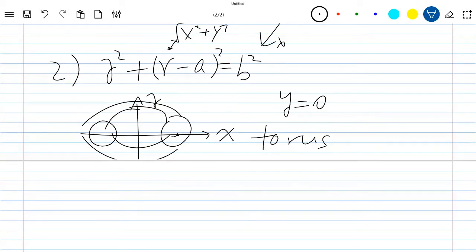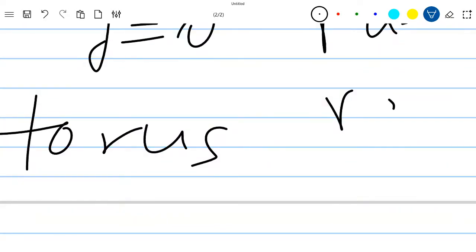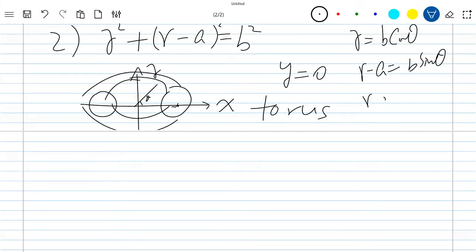So we can say z equals b cosine theta, and r minus a equals b sine theta, and then r equals a plus b sine theta.